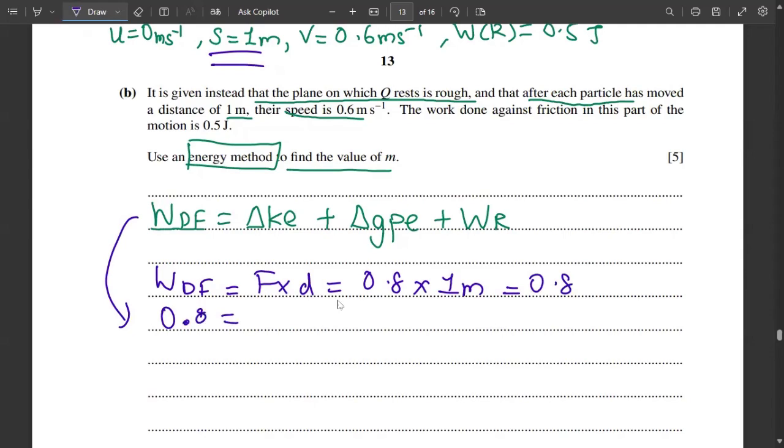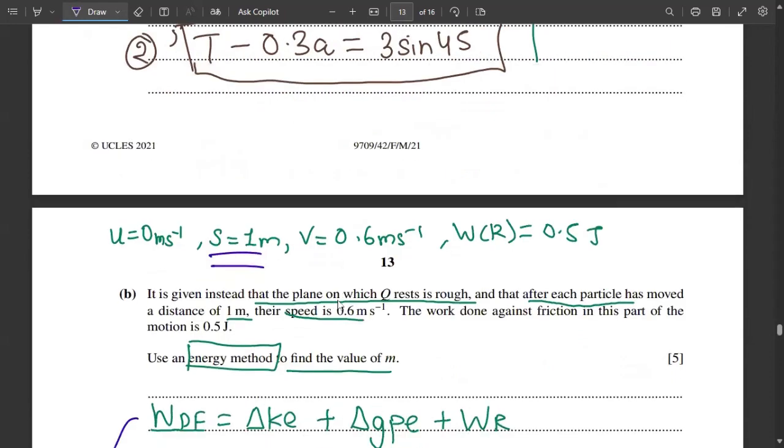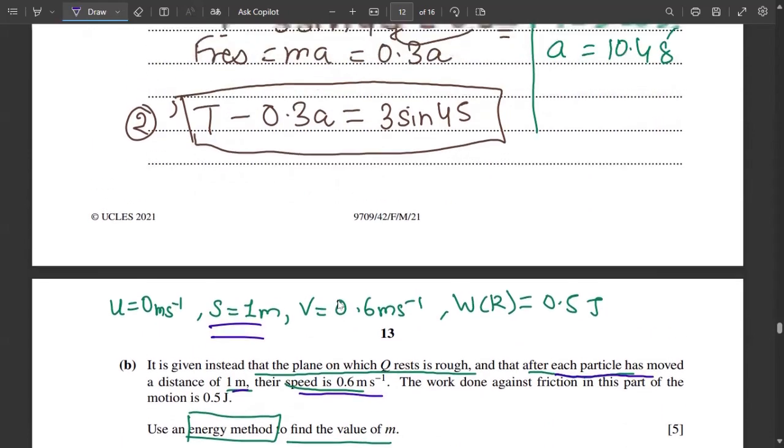What about the delta K? Now, what I need you to realize is that they have written after each particle has moved 1 meter, their speed is 0.6. That's what I said before, that both particles will have the same distance traveled and same speed.